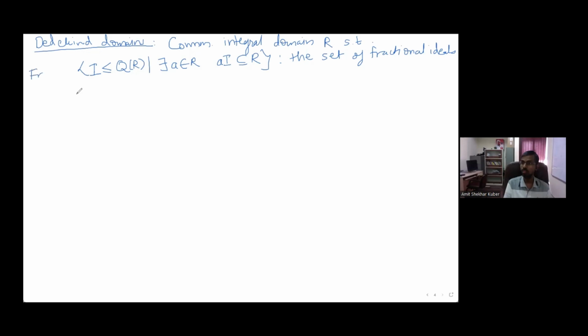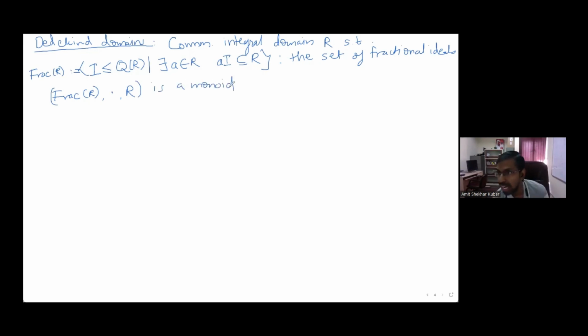Let's give it a notation, Frac R. Then we have multiplication of ideals, and the regular module R itself. So this is a monoid. This is always a monoid.